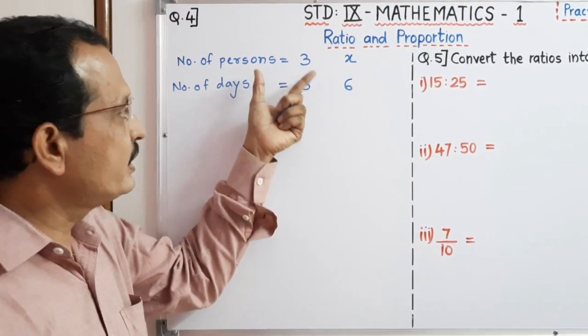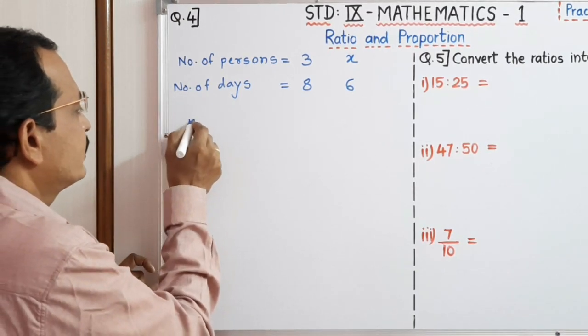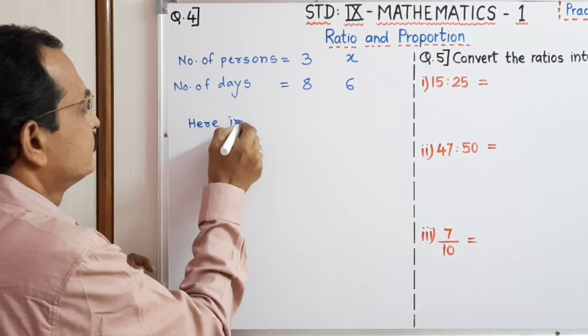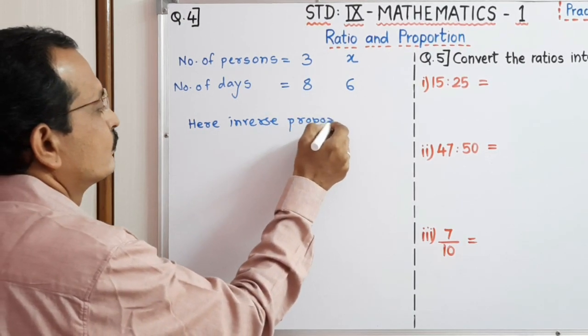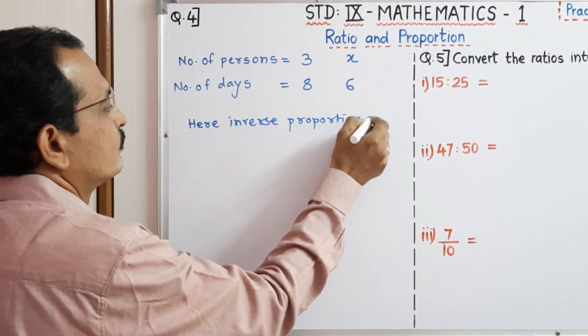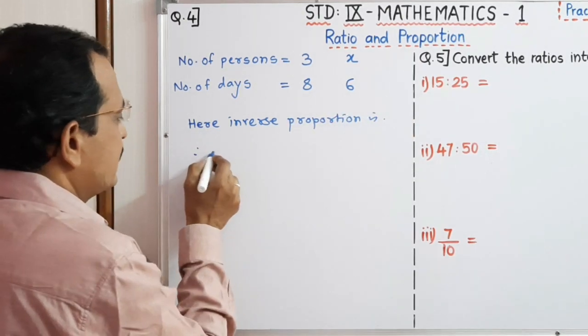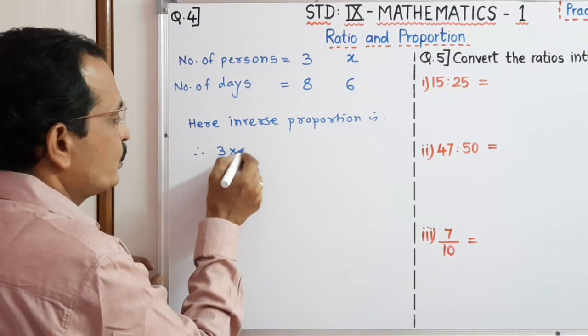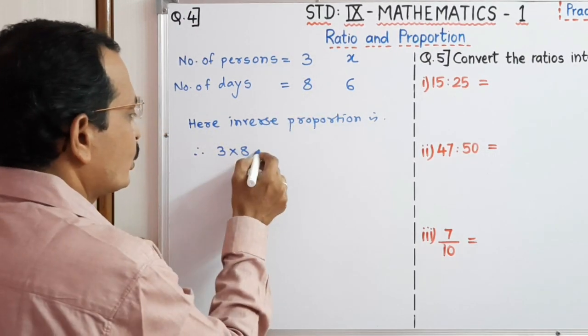Therefore we say that here inverse proportion is there. Therefore, 3 into 8, that means in inverse proportion the multiplication is constant.